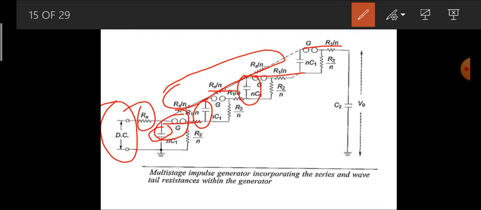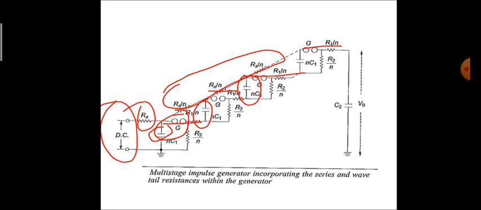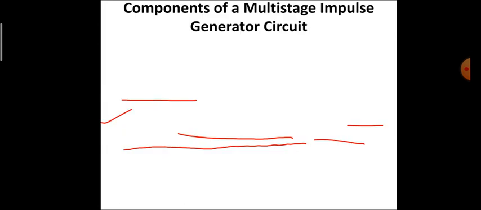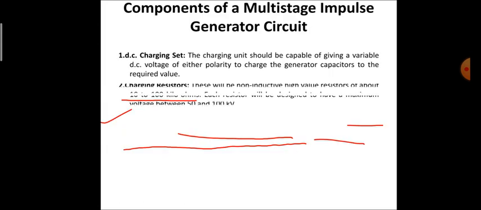The spark gaps will usually be spheres or hemispheres of 10 to 25 centimeter diameter. Sometimes spherical ended cylinders with a central support can also be used as a sphere gap or spark gap.